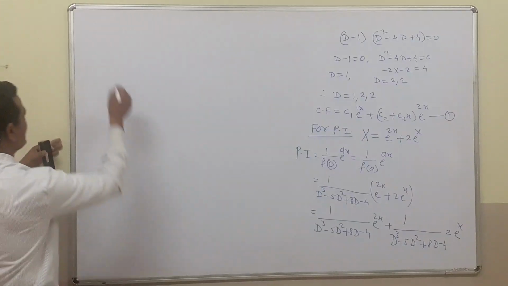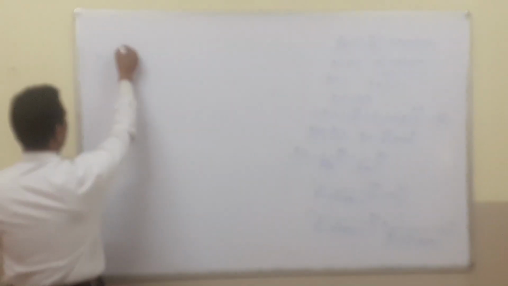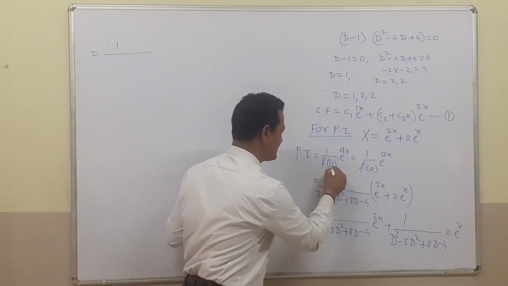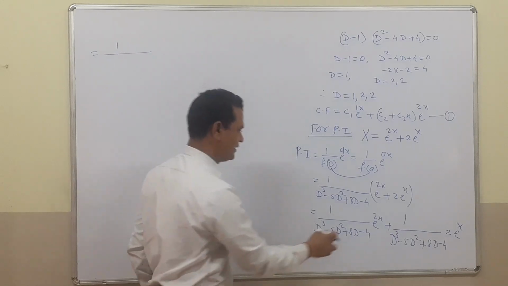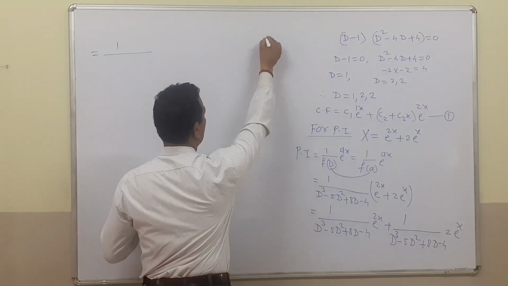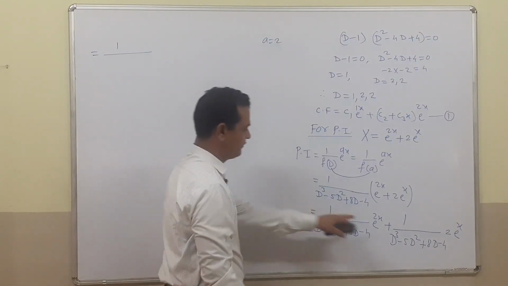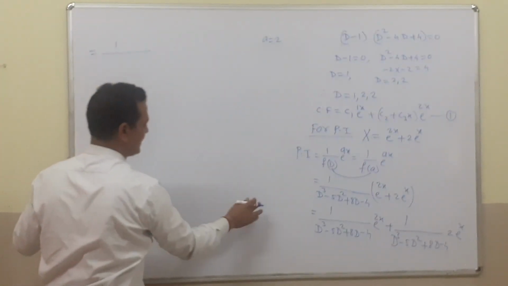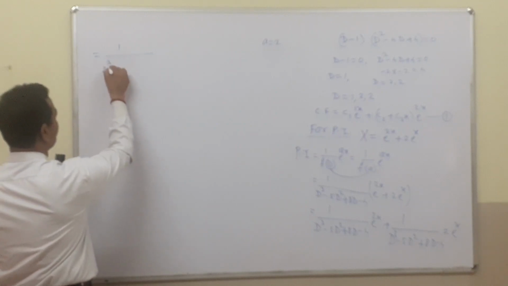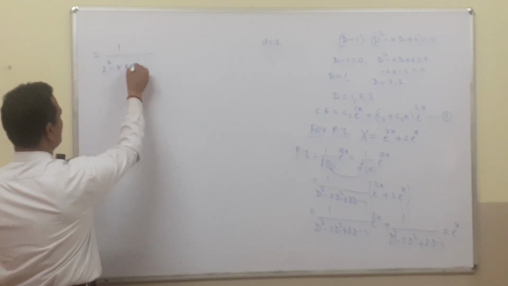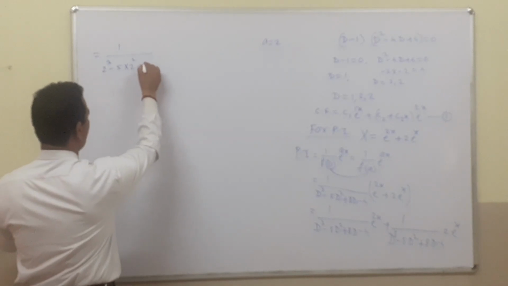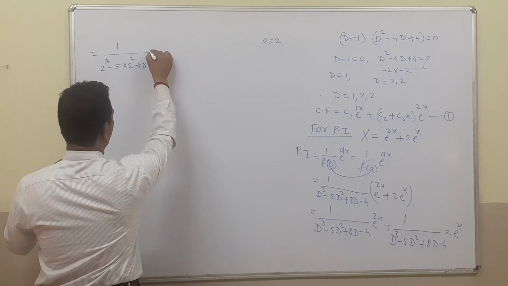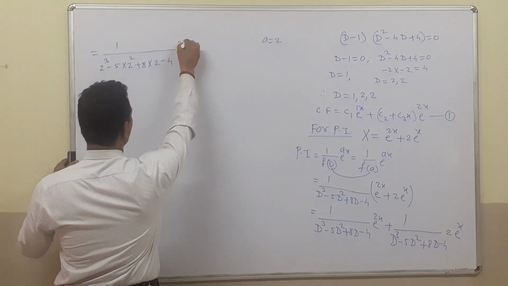Now we are solving all the terms together. According to this formula, replace d by a. For the first term, the value of a is 2, so replace d by 2. We get 1 upon 2 cube minus 5 into 2 square plus 8 into 2 minus 4, into e raised to 2x.